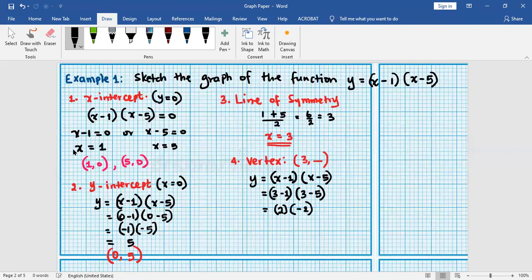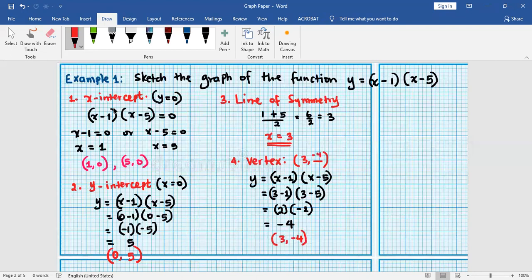So we are getting 2 times negative 2, which is negative 4. Now this means that the vertex will be x is 3 and y is negative 4. This will be the vertex. You can even write it here.